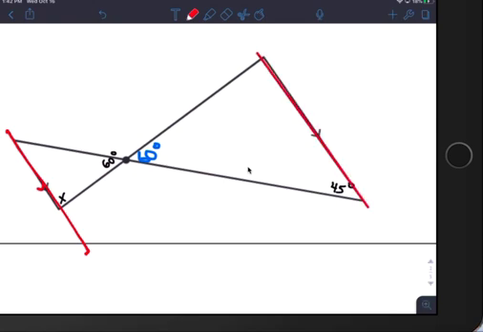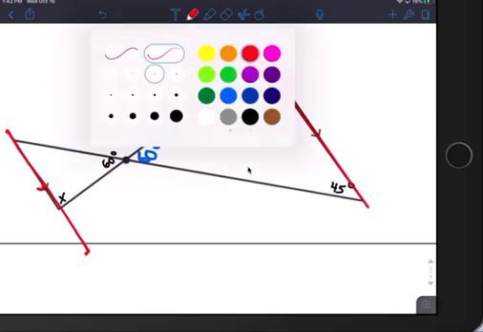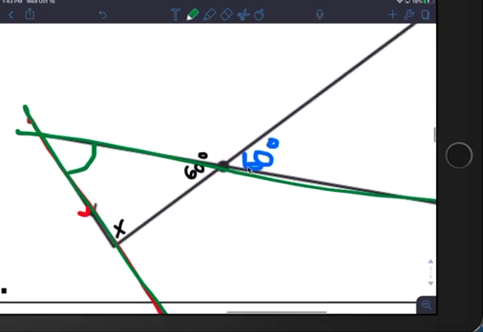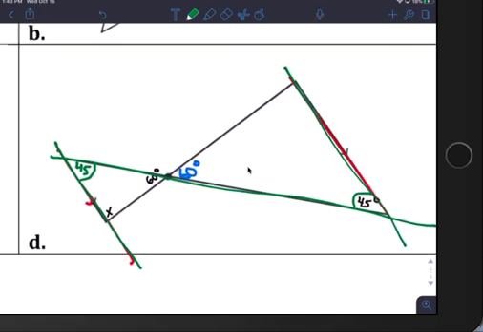Okay, if that is the case, you can always extend your line. Lines always continue forever. Okay, this 45 degrees right here, let's take that and extend that line to right here. Alternate interior right here is 45 degrees also. So we get that.